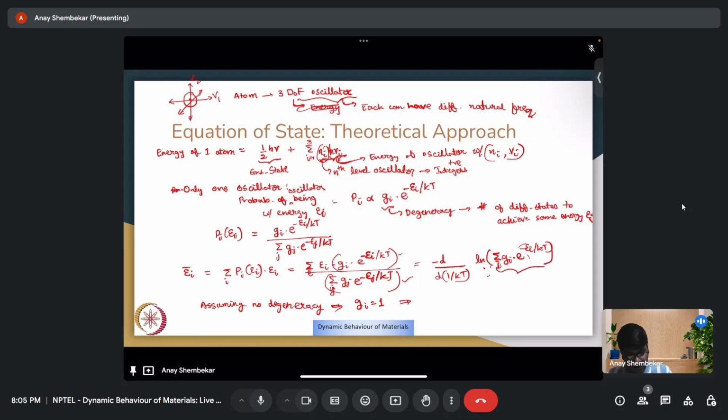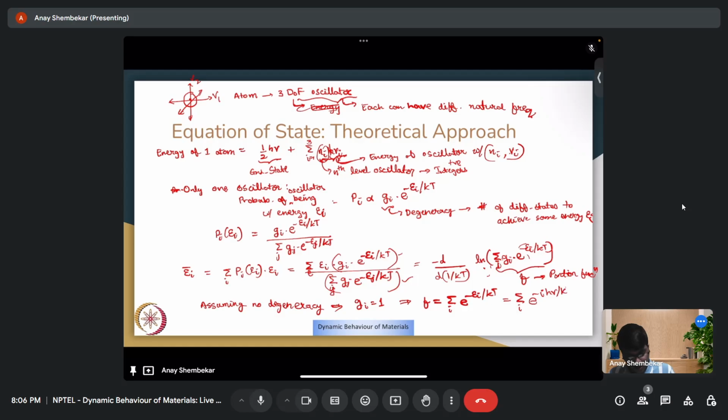which is nothing but, I'll write this whole thing as F. F I'll call the partition function. So my F becomes the summation over i of e raised to minus epsilon i by kT, and epsilon i we know is n h nu.